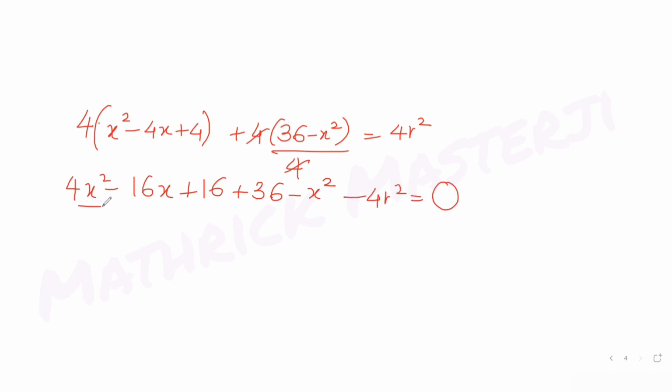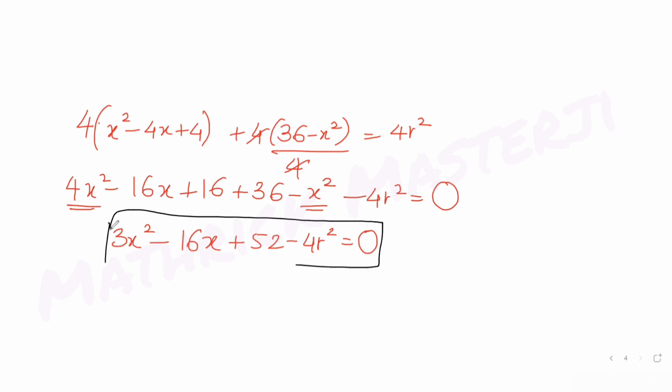So you get 4x square minus x square, 3x square minus 16x plus 52 minus 4r square equals 0. Now we have a quadratic equation of the form ax square plus bx plus c equals 0.